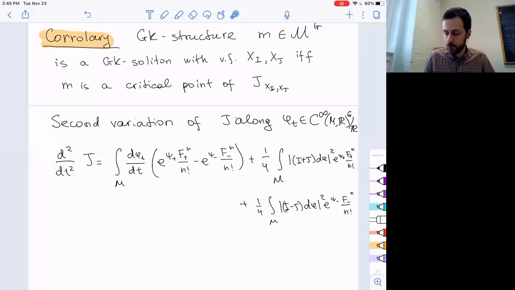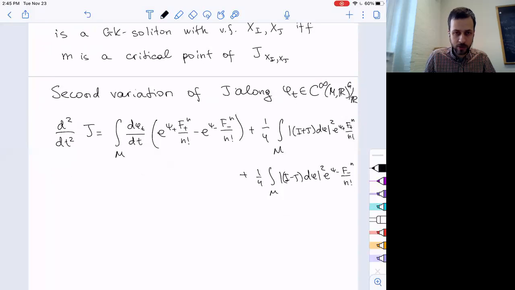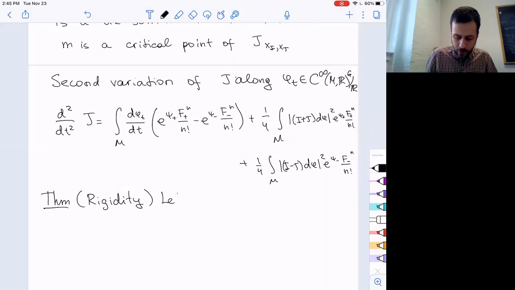And this form of the second variation actually has an important consequence: rigidity of solitons in a generalized scalar class. Some theorem, rigidity. So assume that we have a one-parameter family of generalized scalar structures, and we assume that they are log non-degenerate.